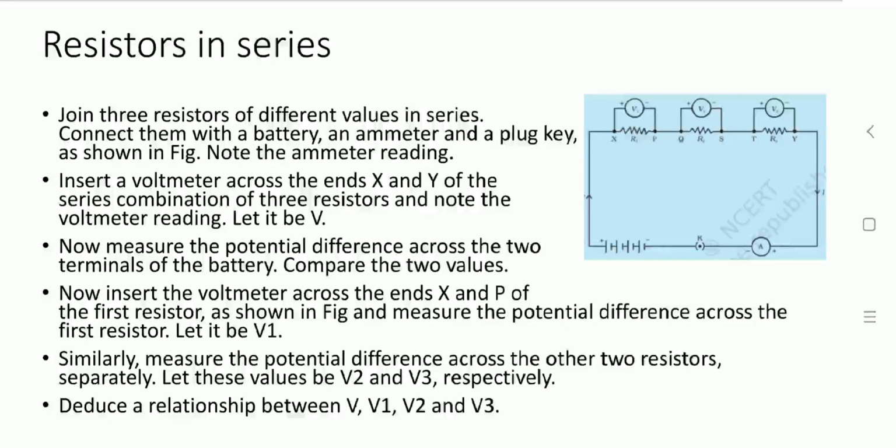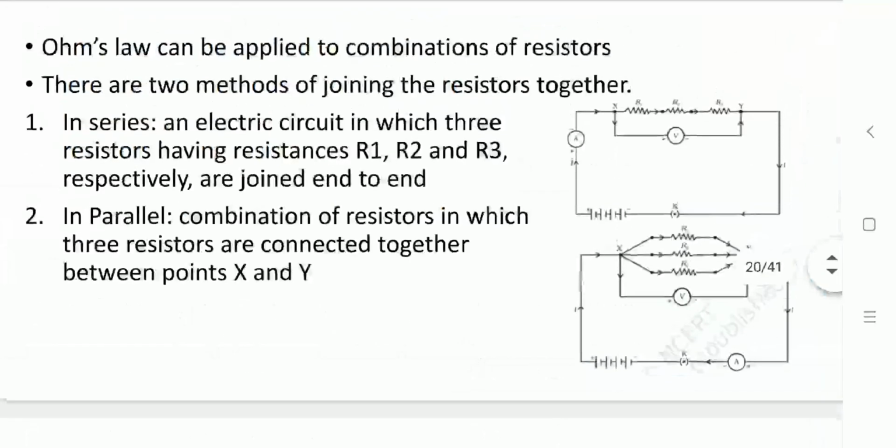Now, to measure its potential difference, as in the previous slide, keep the voltmeter across the combination of three resistors and measure its potential difference V across all these three resistors. So that is defined as V.